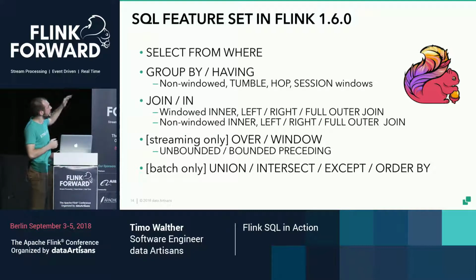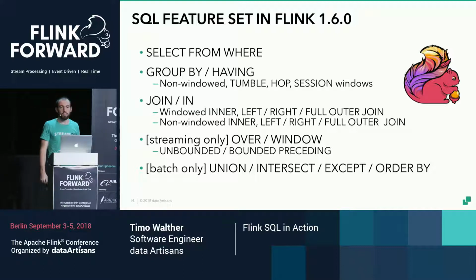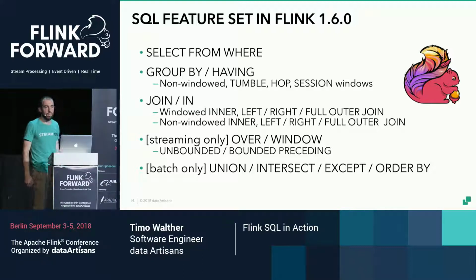All these operators are implemented both in batch and streaming, so you can also execute windows on the DataSet API if you want to do it. There are also operators that might make more sense just for streaming, but I'm pretty sure they will also be implemented in batch at some point.